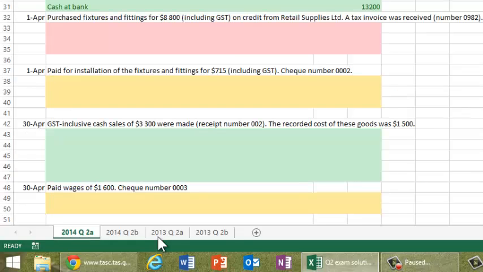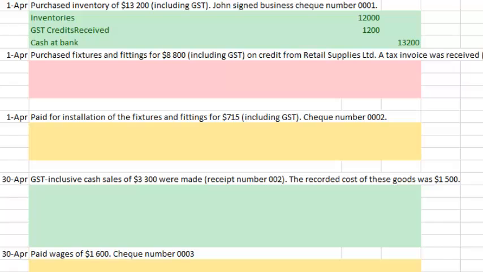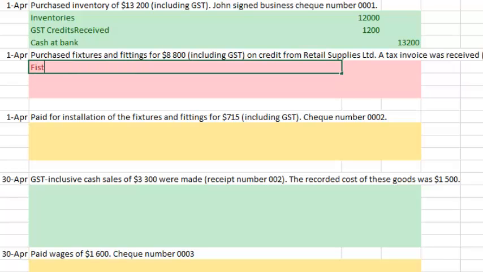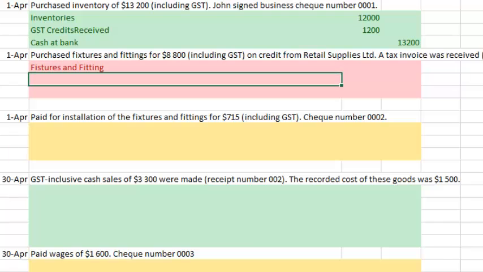Okay, back again. I've put a few colours here to make it easier to see. So for the next entry, purchase fixtures and fittings for $8,800. Again, GST is involved. Very much the same as this entry above, except we've got fixtures and fittings. We've got GST credits received.